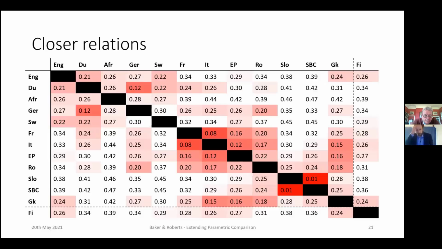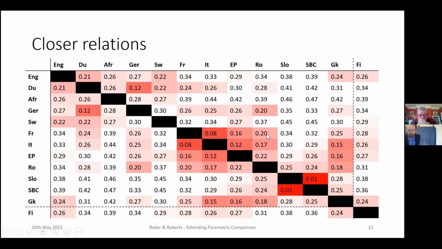Going back to our matrix, what I've done here is highlight the more closely related languages. The deeper the shade of red, the more closely related the languages are. We see this particularly obviously in the case of Slovenian and Serbo-Croatian, which are extremely close, with a distance of only 0.01, which of course is exactly what we predict.